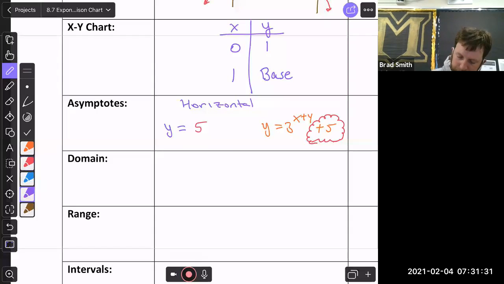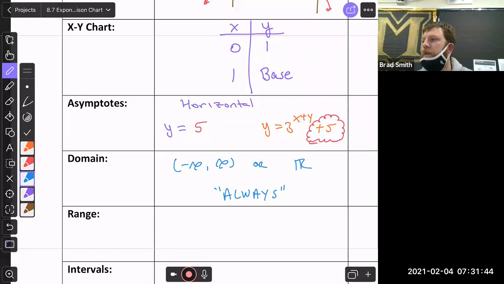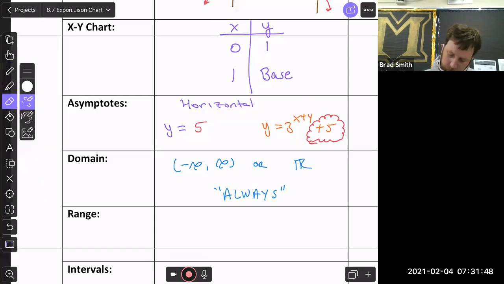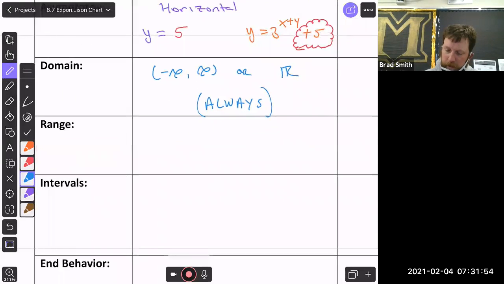Your domain is always all real numbers, so negative infinity to positive infinity. It is always all real numbers.